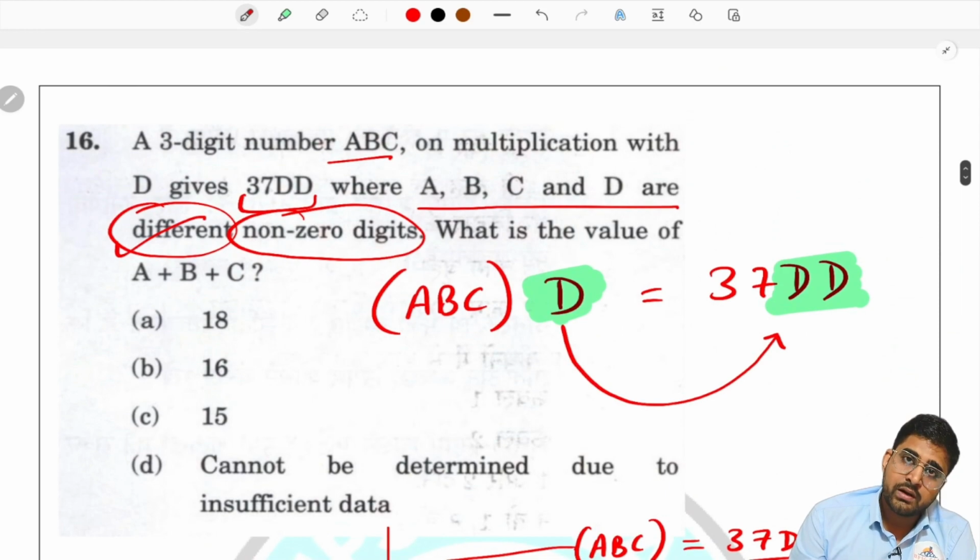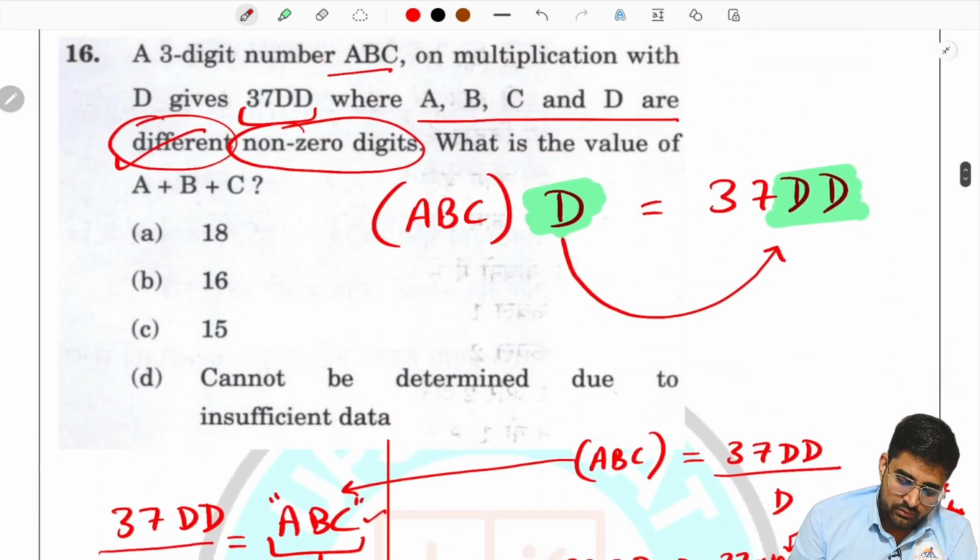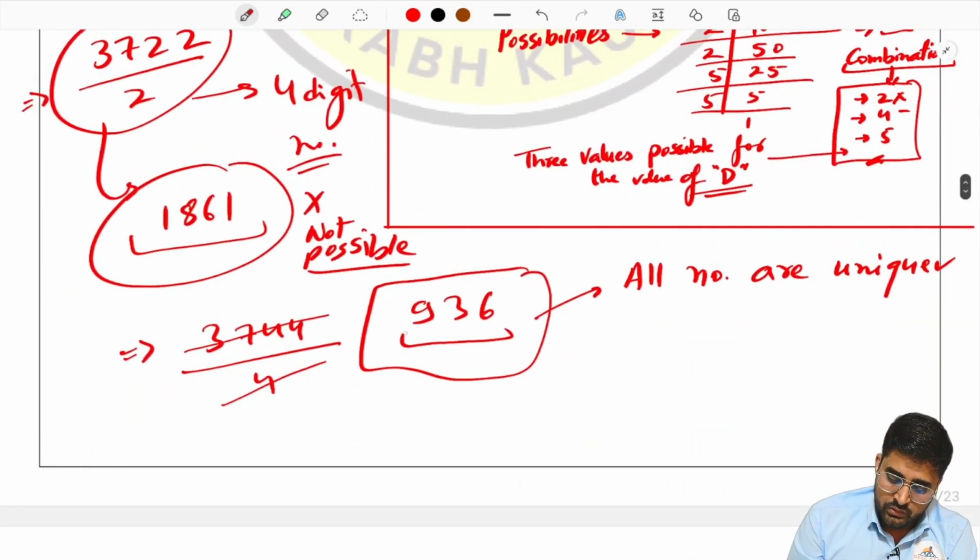All numbers should be different and non-zero. No one is a zero. So all numbers are non-zero.